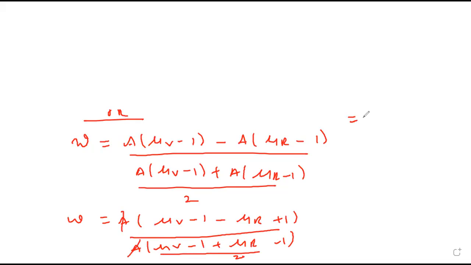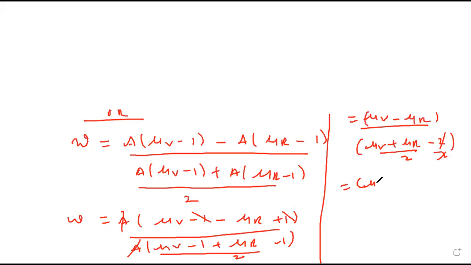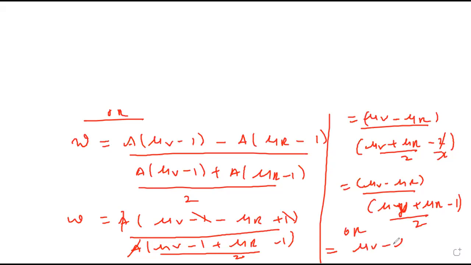A cancels. Here minus 1 plus 1 cancel. So mu V minus mu R upon (mu V plus mu R) upon 2 minus 2 upon 2. 2 cancels. So mu V minus mu R upon (mu V plus mu R) upon 2 minus 1. Or if again the average yellow color is given, then for the average of mu V plus mu R upon 2 you write mu Y minus 1. Copy the second formula.